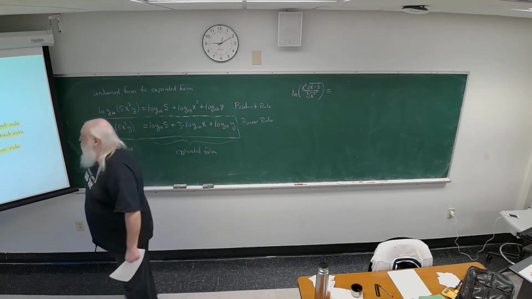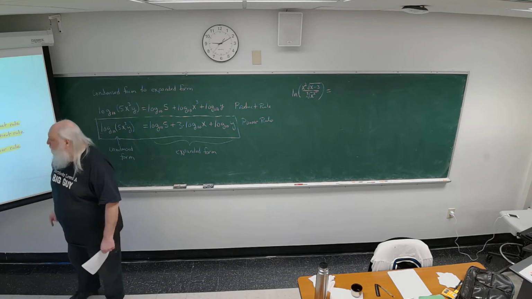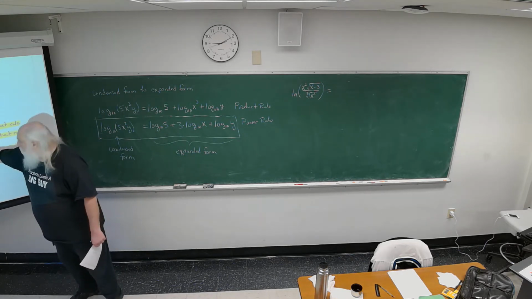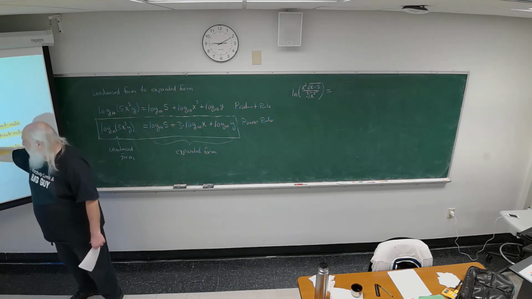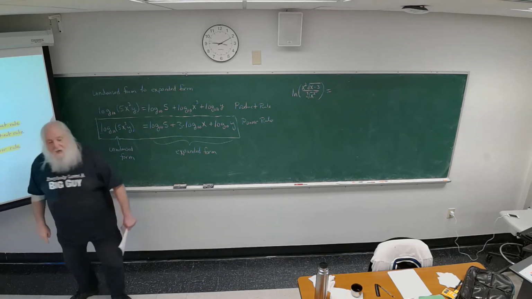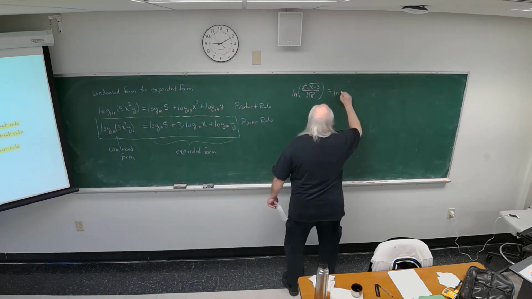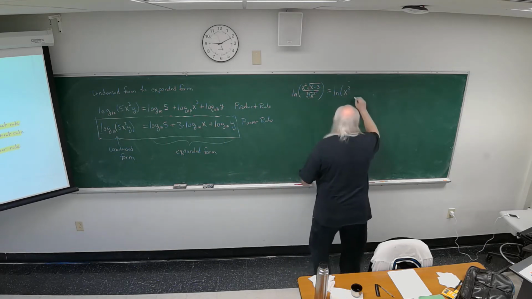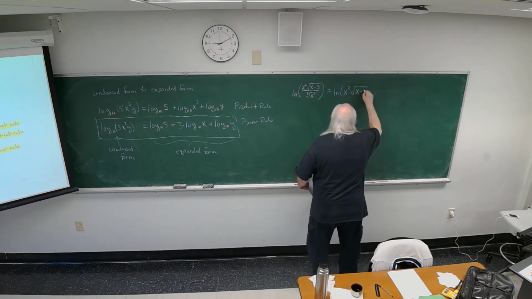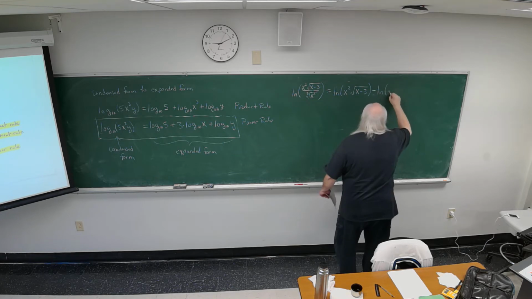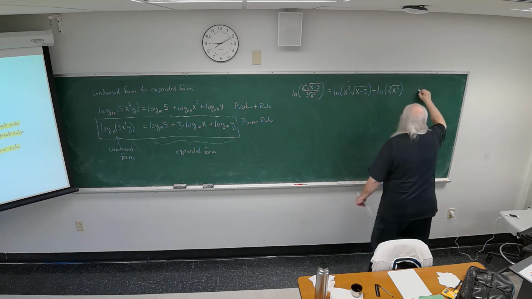So, using the rules of logarithms, you see that we're taking the natural log of a fraction. So by the quotient rule, that's equal to the natural log of the numerator minus the natural log of the denominator.